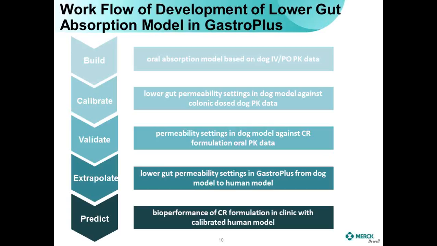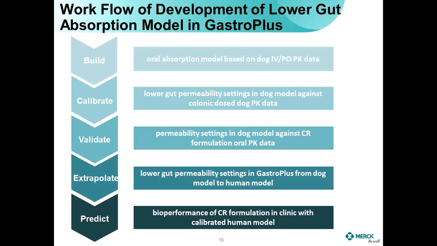Once we have the baseline oral model, we can calibrate the lower gut permeability settings in the dog model against dog PK data of colonic dose formulation, mostly solution formulation, by adjusting the ASF settings for different colonic absorption models to fit the dog colonic dose PK data.